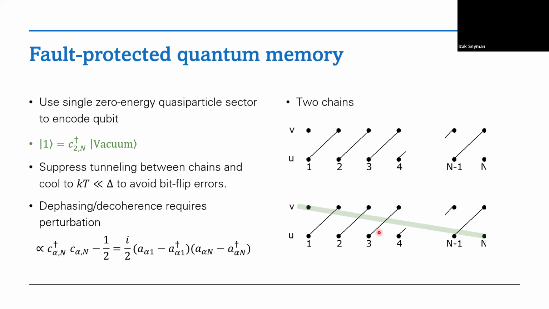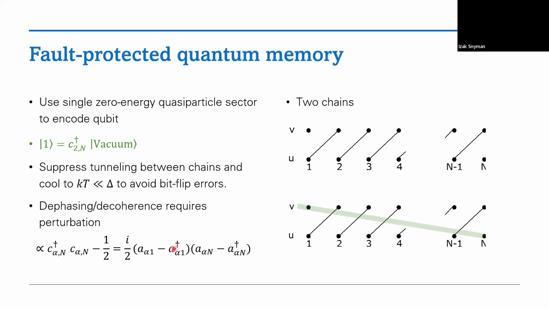But quantum errors, which are dephasing or decoherence, are controlled by perturbations that contain the number operator for this zero energy mode. And if you write that out in terms of the original fermions, you see that to get dephasing, you need to introduce an operator that directly couples the two ends of the chain.